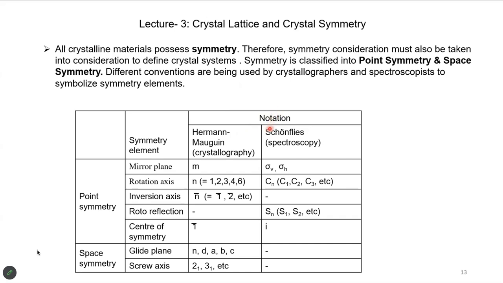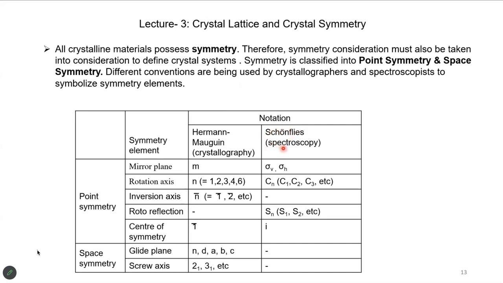Mind it, when spectroscopists are talking about symmetry, they talk about symmetry around a molecule. So take a molecule and then talk about symmetry about it. But when crystallographers take symmetry, they have to maintain the atomic symmetry of a molecule. I mean that in a molecule, there are more than 2 atoms.